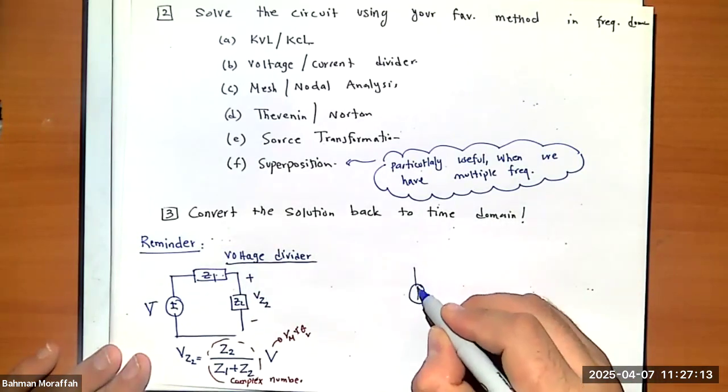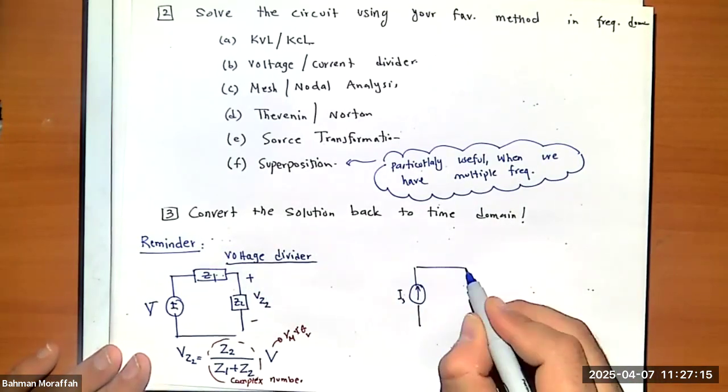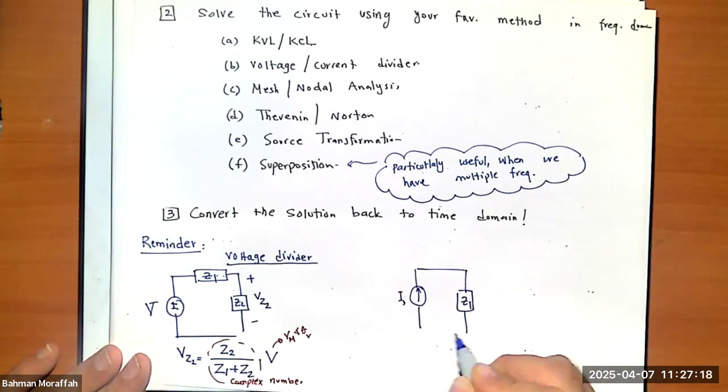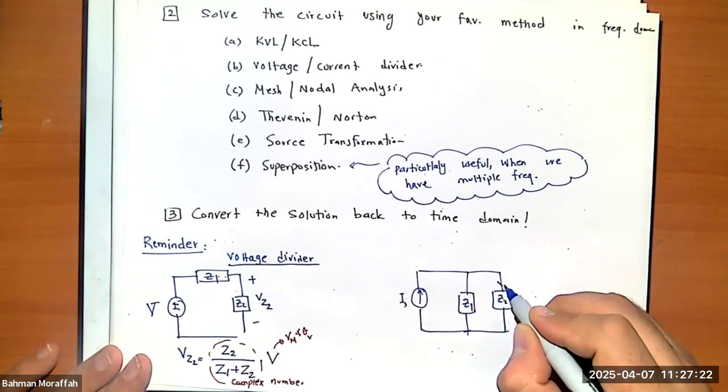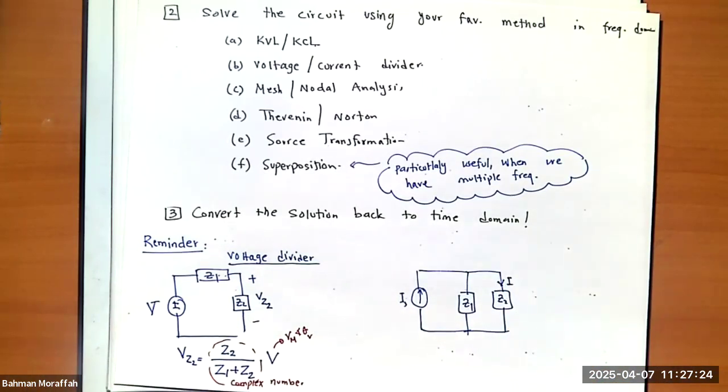If I have a current source, Z1 and Z2, and let's just say I want to find this I, I know the current through this branch is proportional to the value of the impedance in the other branch times the source.